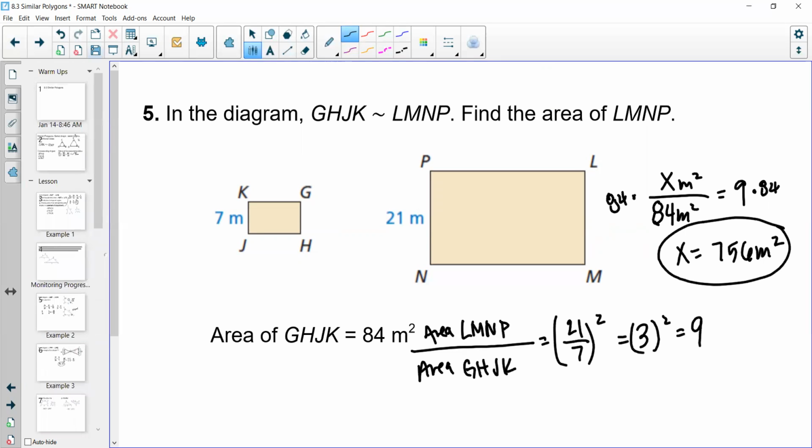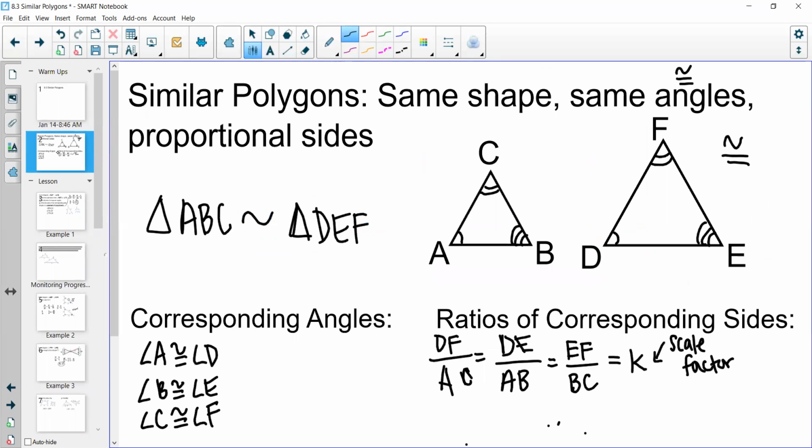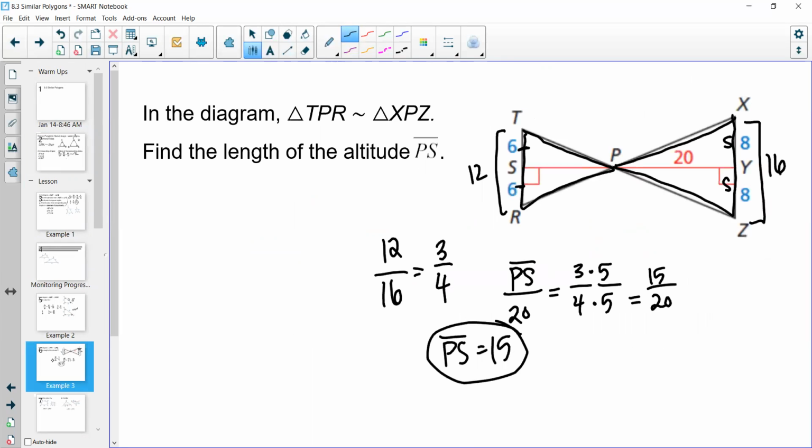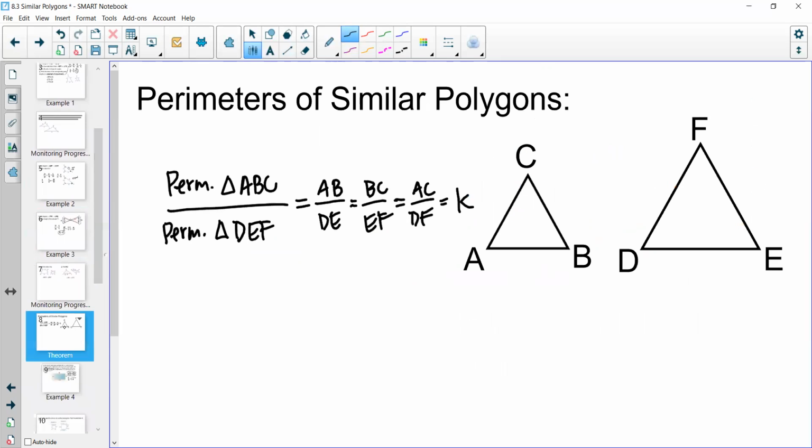Now, again, some of the cool things we've learned today is that similar polygons have the same shape, congruent angles, and proportional sides. Because of this, we can actually use those ratios of the corresponding sides to determine interesting things. We can use it to find the measurements of different angles. We can also use it in situations like this.